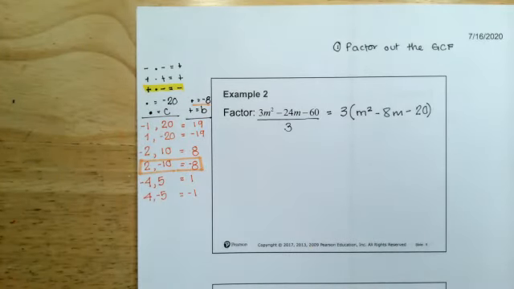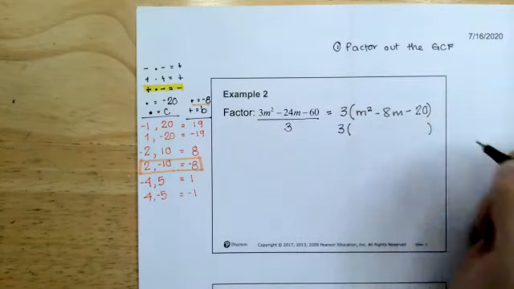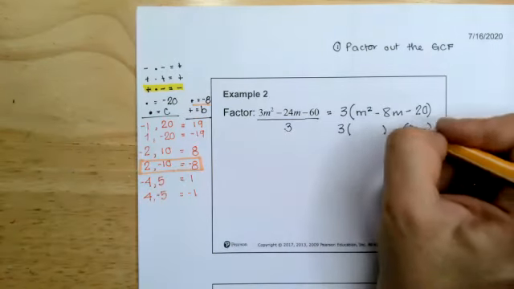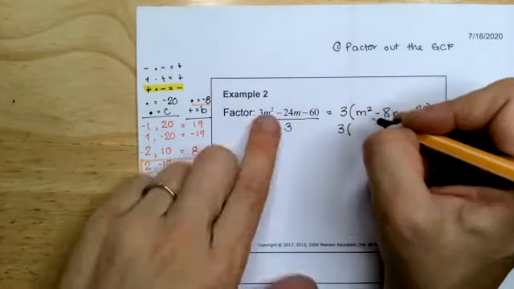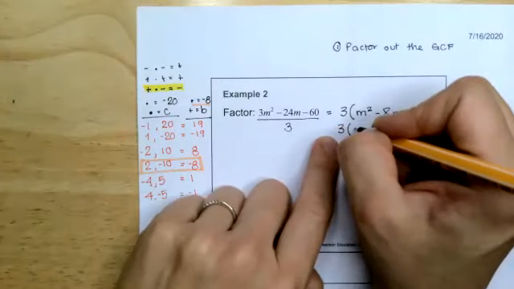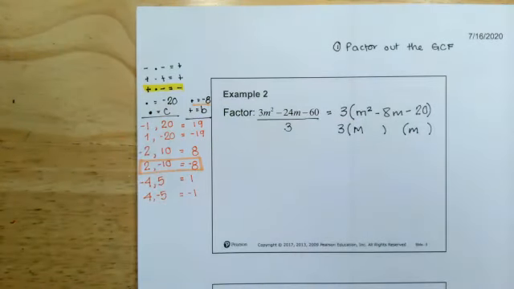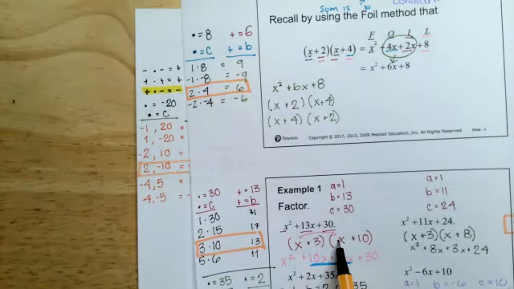So what we want to do, it's very important that you remember to keep the 3 on the outside, okay? 3 times, and then you make it into 2 binomials. Good. So 3 times m squared factors to m times m, just like x squared factored to x times x.